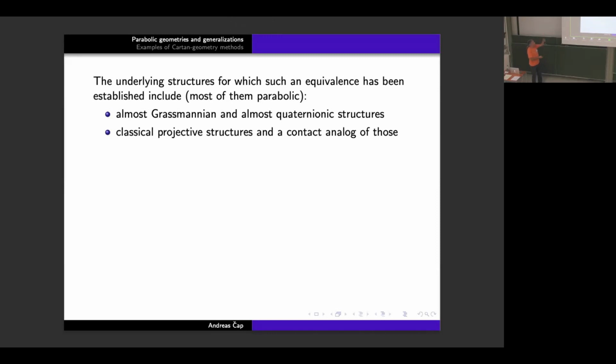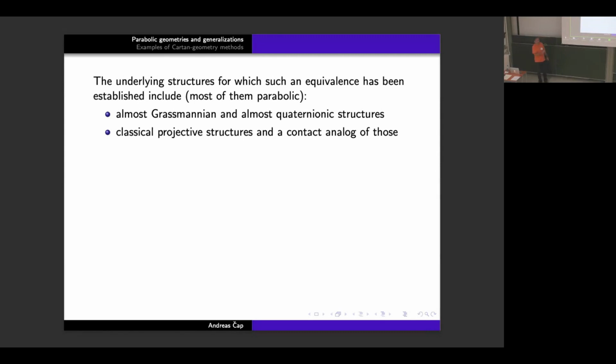Okay. Then there are classical projective structures in which you study the geodesics of connections, I would say. So this means you have an equivalence class of connections where two connections are equivalent if they have the same geodesics up to parametrization.